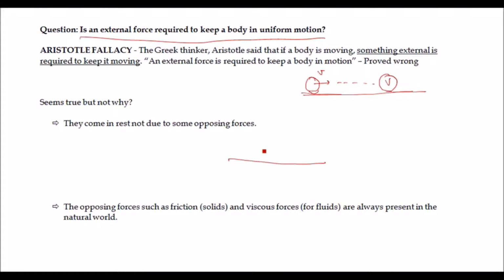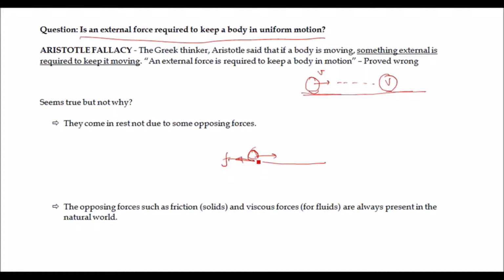Like if I throw a ball, then as soon as the object starts moving, there will be some external force, which is called the frictional force between these two bodies, and because of this it comes to rest.